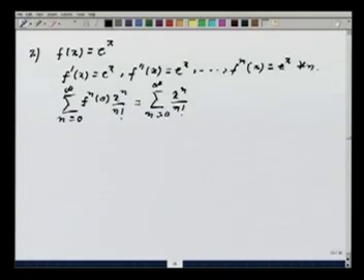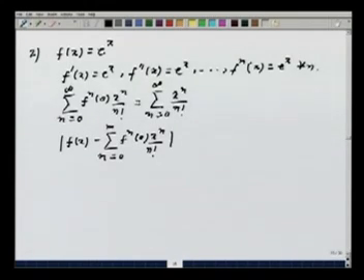Now I want to show that this converges to e to the power x. So what is the idea? You look at the modulus of f(x) minus summation n from 0 to m, f^(n)(0) times x to the power n by factorial n, modulus.